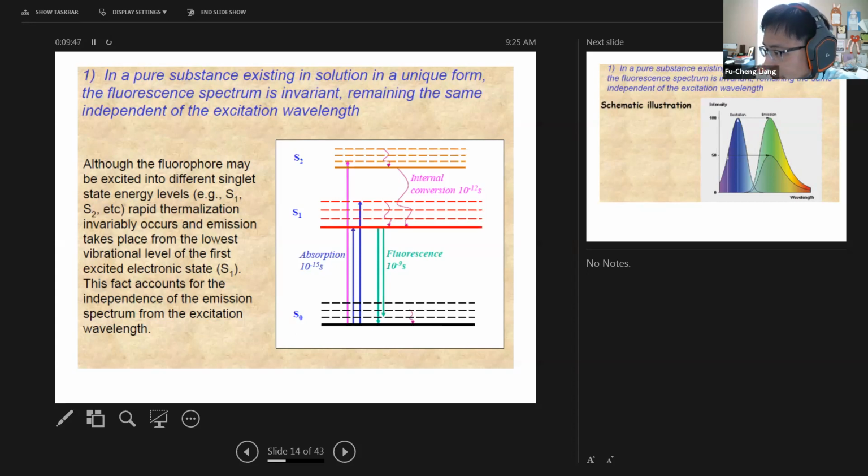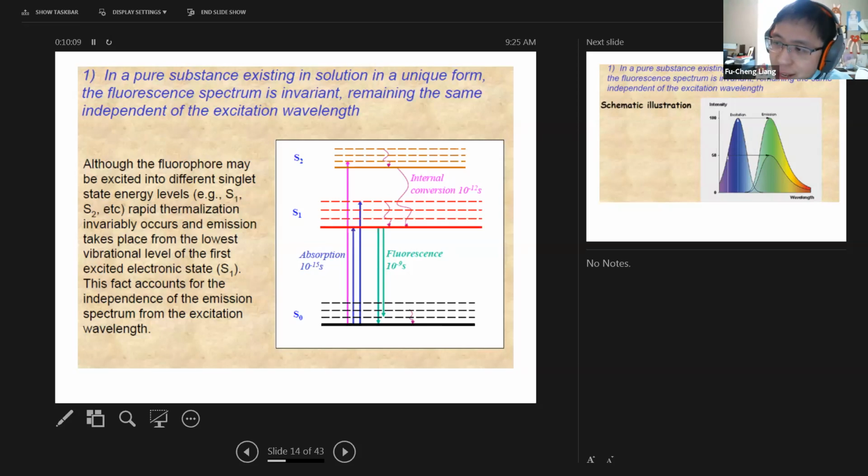And once they hit this lowest vibrational level of the first excited state, then those molecules have no way to go, all right? And the only way they will go is they will release fluorescence, all right? And that's the reason why, for example, you excite the pink color one, they go to S2, you excite the blue color one, they go to S1, you excite the light blue, they go to the other S1.